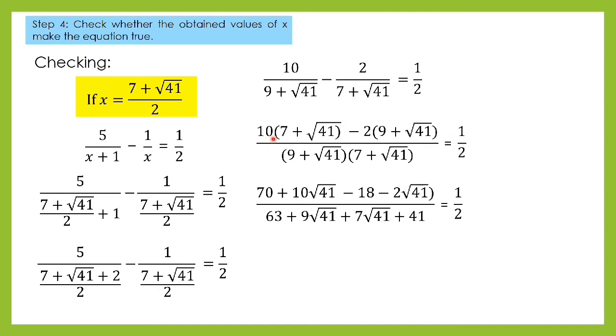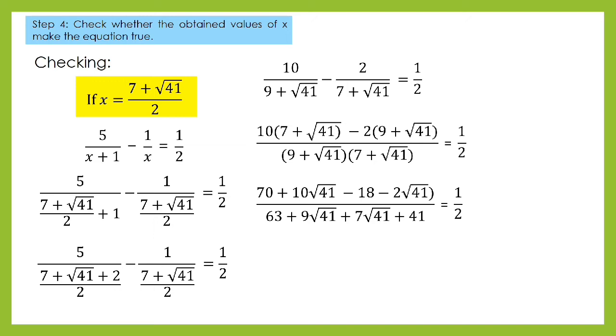10 times 7 is 70. 10 times square root of 41 is 10 square root of 41. Okay, in the second, negative 2 times 9 is negative 18. Negative 2 times square root of 41 is negative 2 square root of 41. For the denominator, we apply the FOIL method.